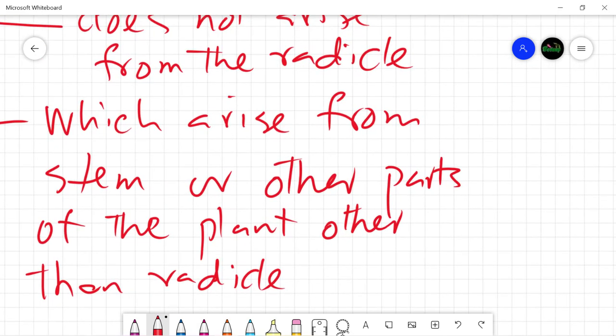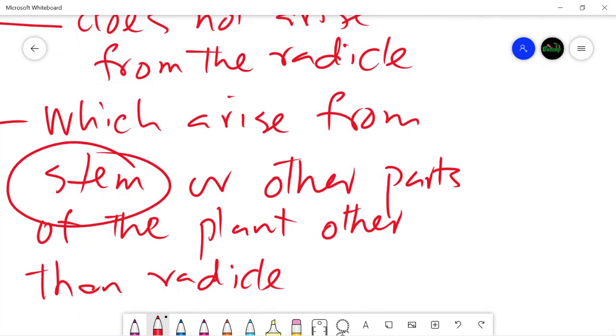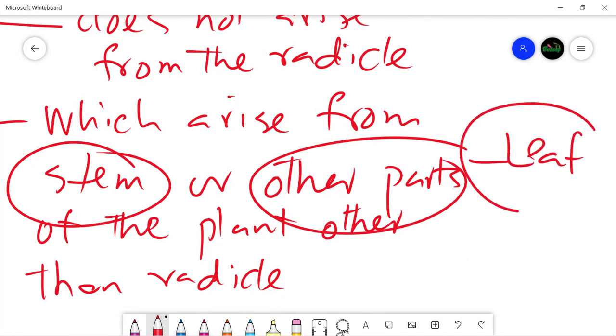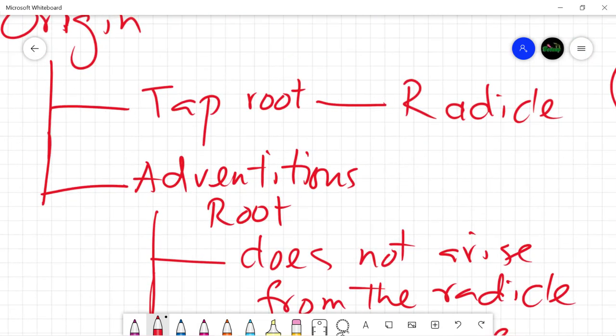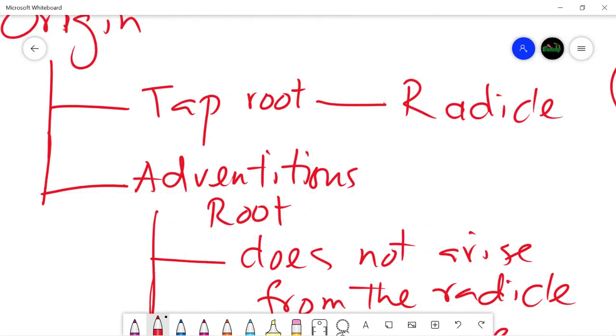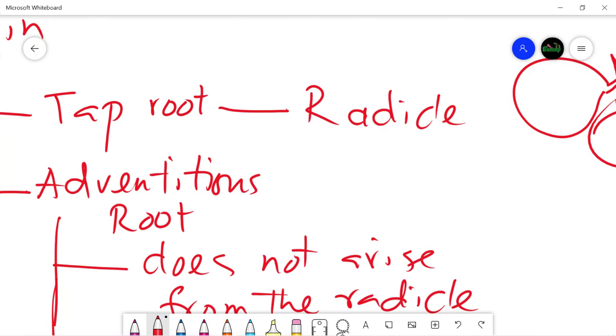So it may arise from the stem, or it may even arise from other parts like leaf. Sometimes, like begonia or bryophyllum, their leaves usually form adventitious roots and small plantlets. So this was the basic definition of root, that roots are of two kinds, taproot and adventitious roots. Taproot arises from the radicle of the seed.